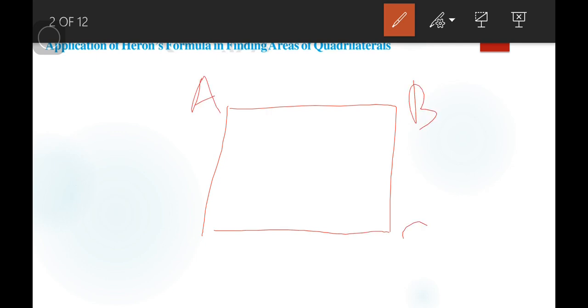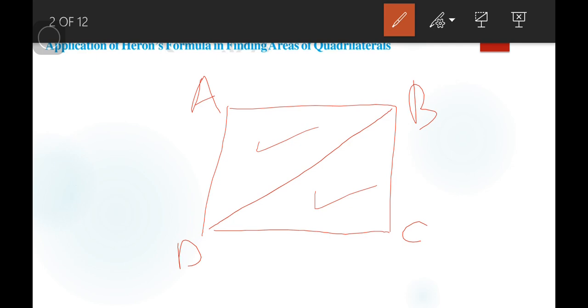So we know that if we draw any quadrilateral ABCD, and if we draw the diagonal BD of this quadrilateral, BD divides this quadrilateral into two triangles.